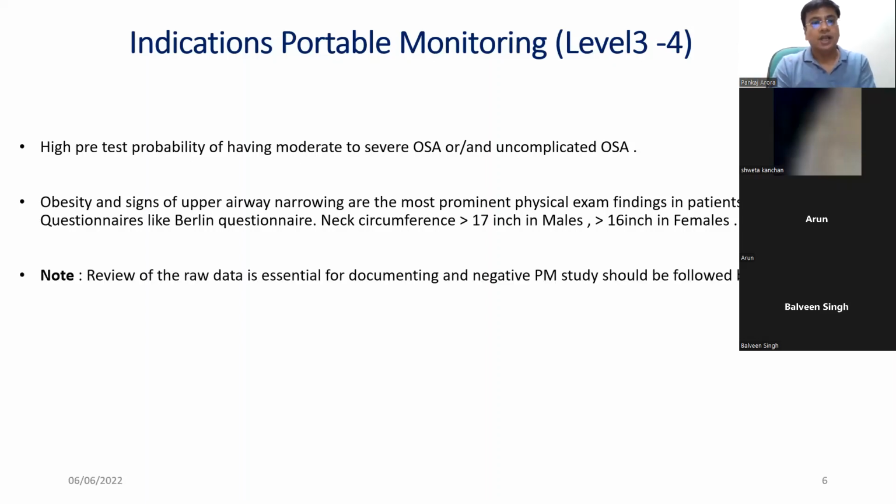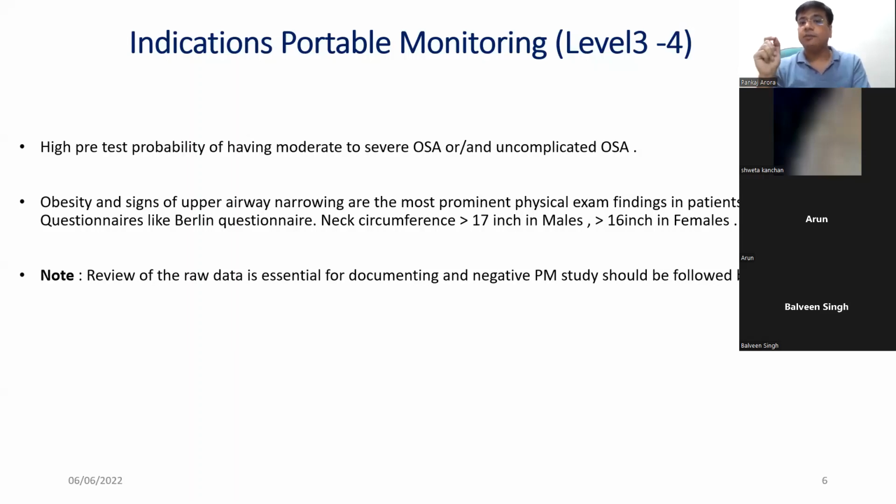Then we will go for this. Please note that whenever we do a level 3 or level 4 device study, you need to review the raw data and document that this was done through a level 3 or level 4 device.